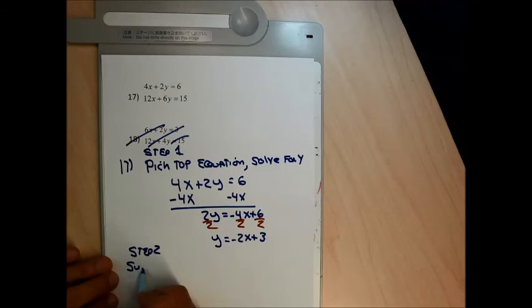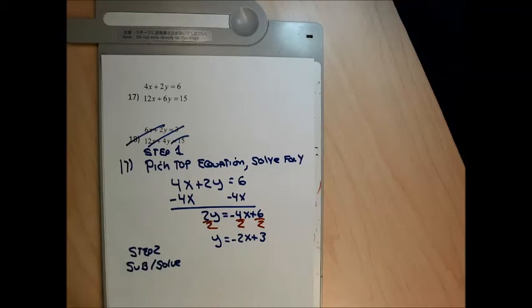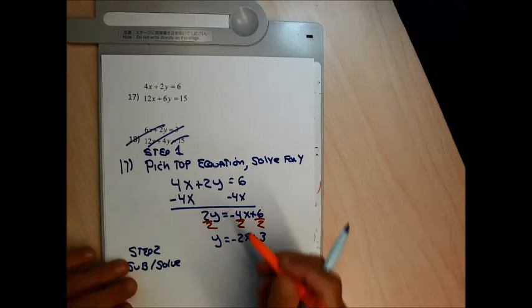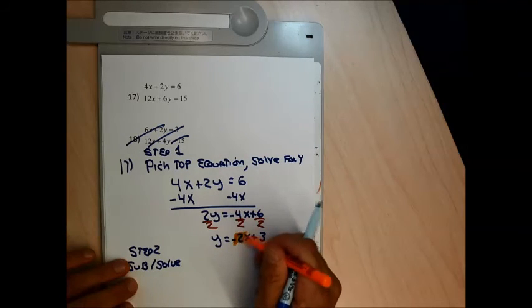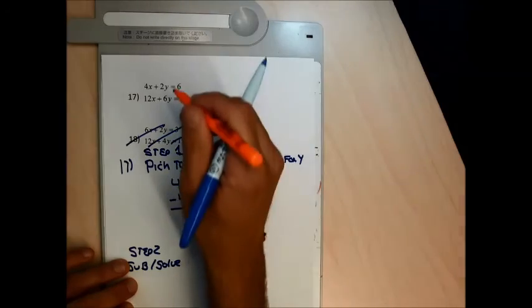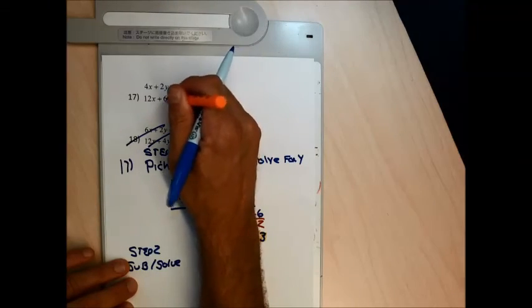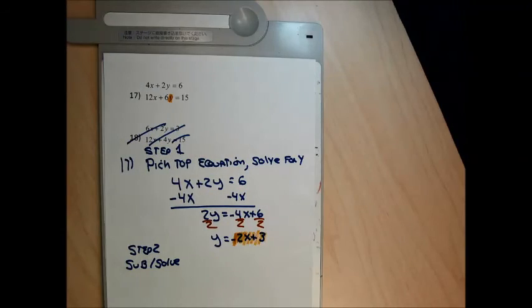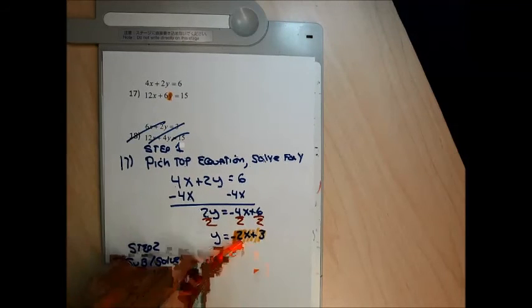On to step 2. I'm going to substitute and solve. I have to substitute it into the other equation. So I'm going to take this y equals negative 2x plus 3 and substitute it into the second equation, because that's the equation I haven't used. So I'm going to change that y to negative 2x plus 3.